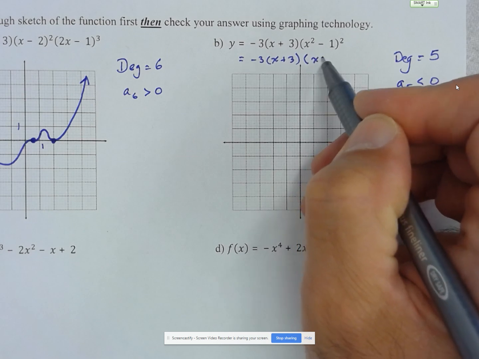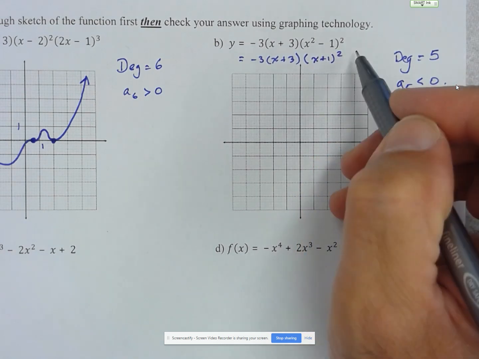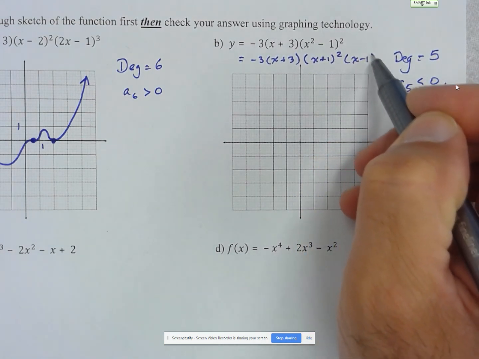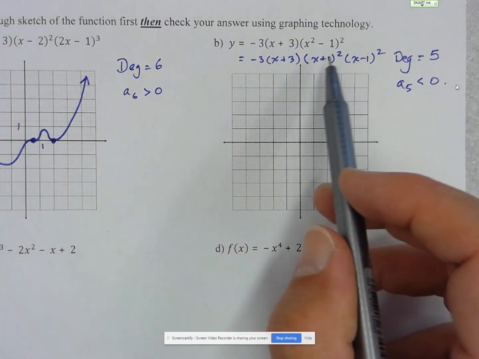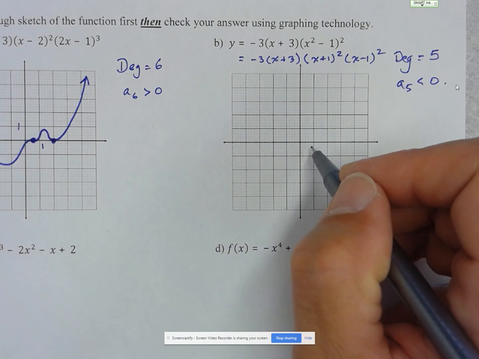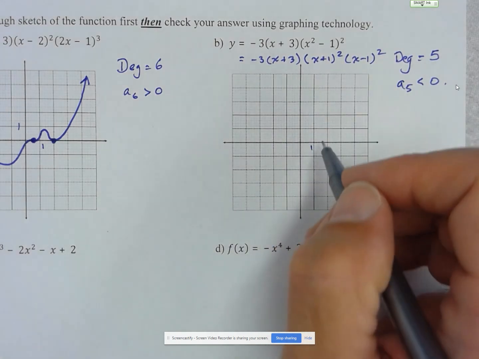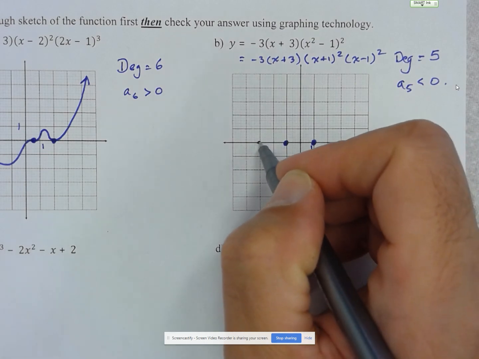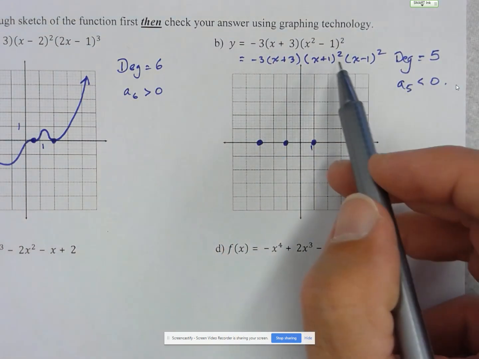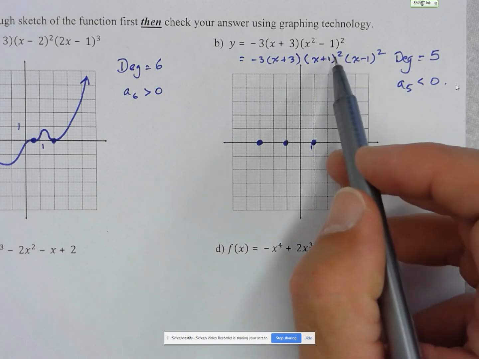So x plus 1 squared and x minus 1 squared. And so now I see that I have x-intercepts at 1, -1, and -3, but they're going to be zeros of order 2.